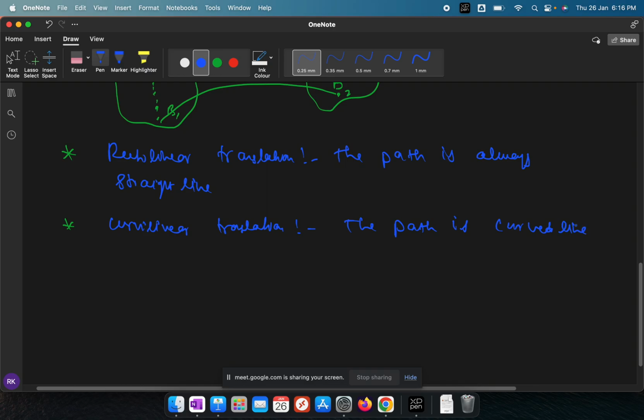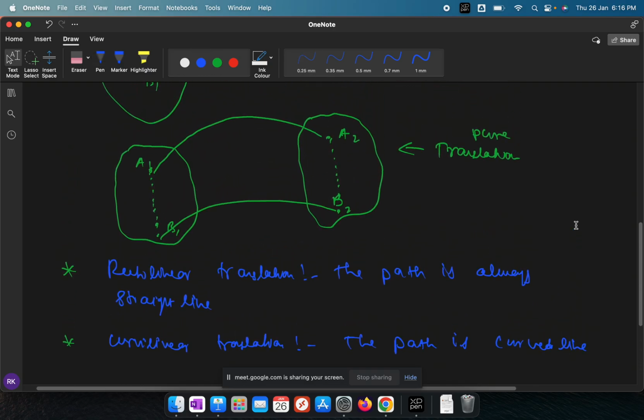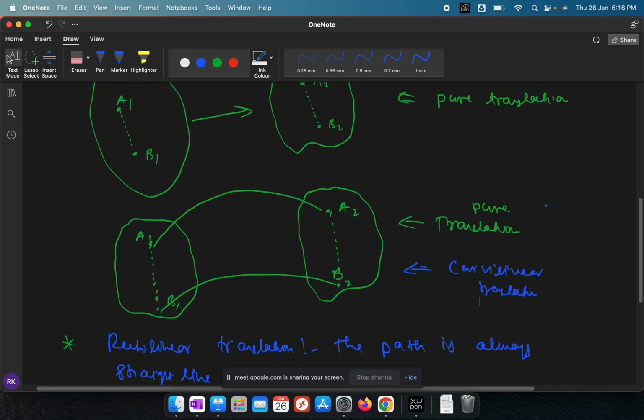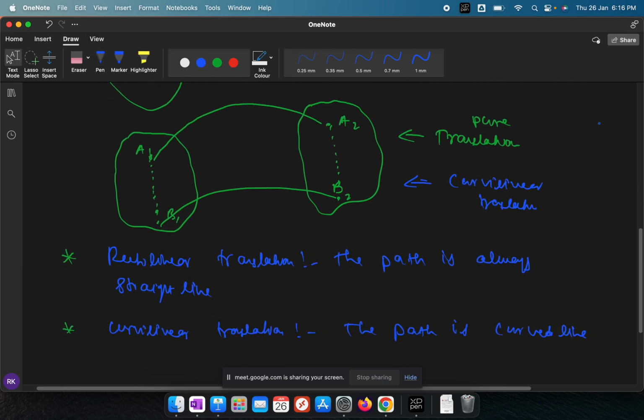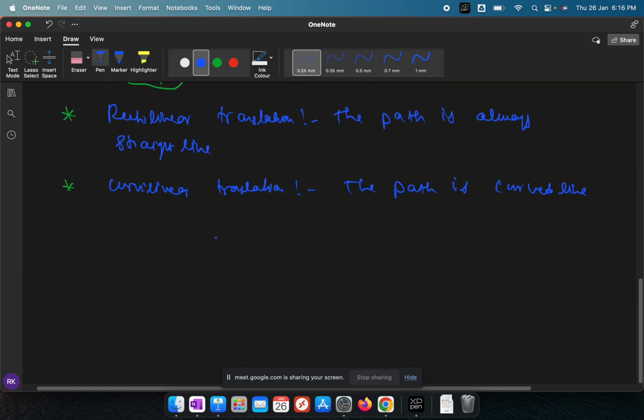So this translation is called curvilinear translation, and this is called rectilinear translation.